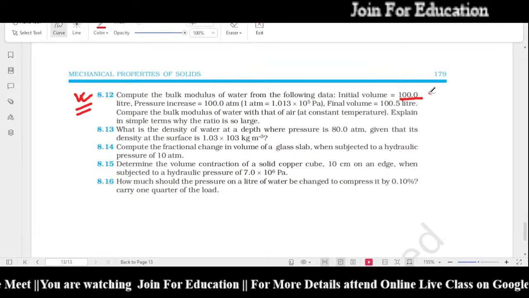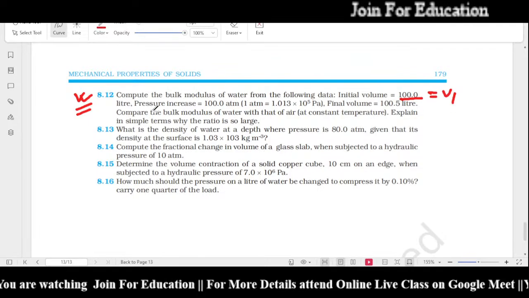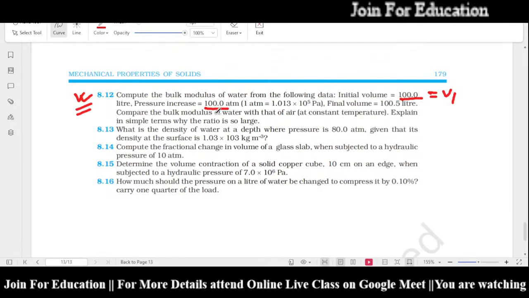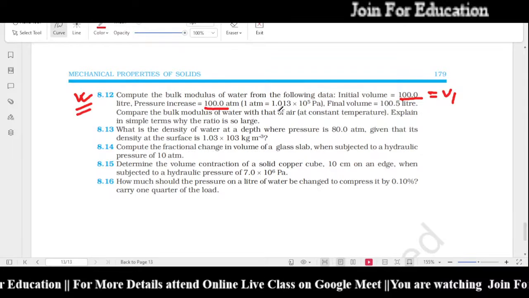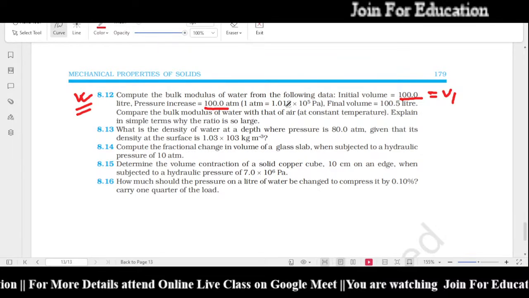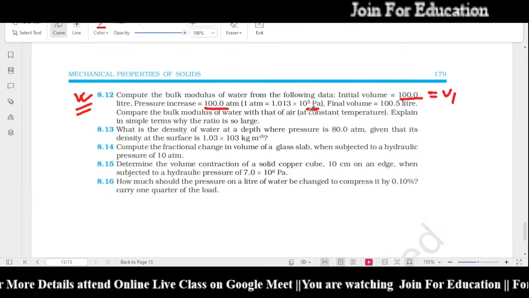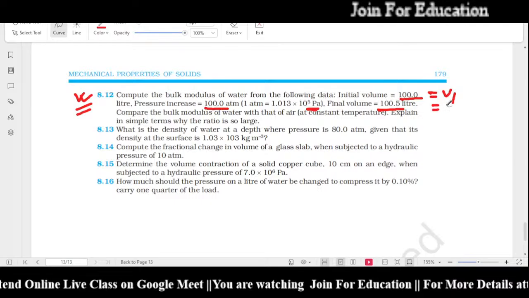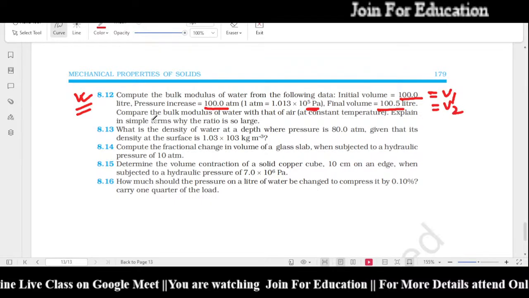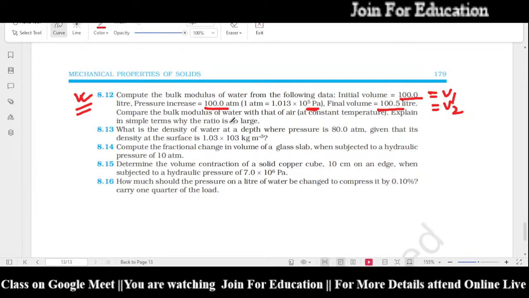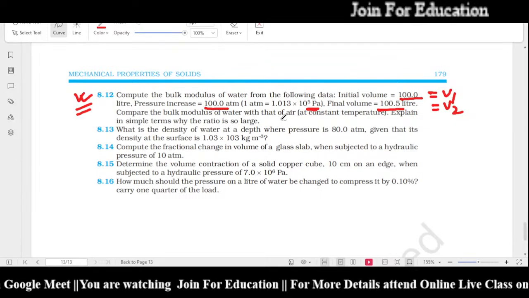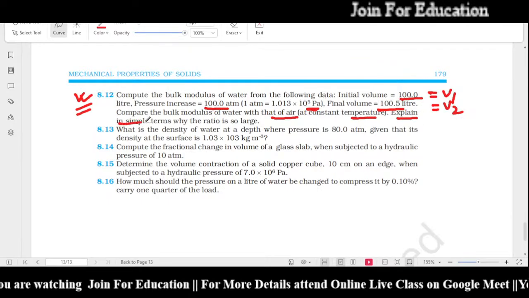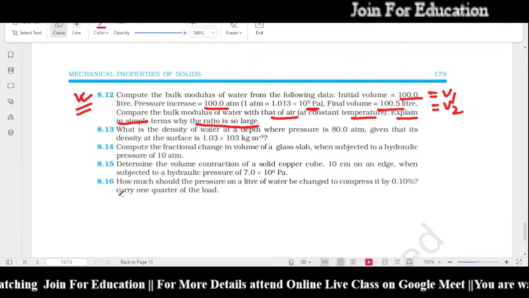Initial volume, that means V1. Pressure, that means stress, 100 atm. When this one is multiplied by 1.013 into 10 to the power 5, then we convert it into Pascal. Final volume equal to V2. Compare the bulk modulus of water with that of air at constant temperature. Explain in simple terms why the ratio is so large.